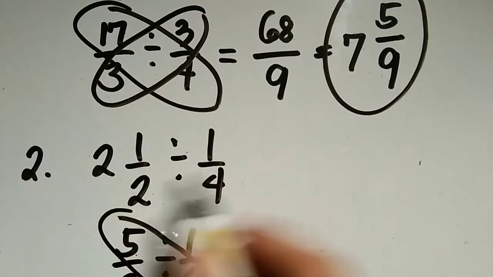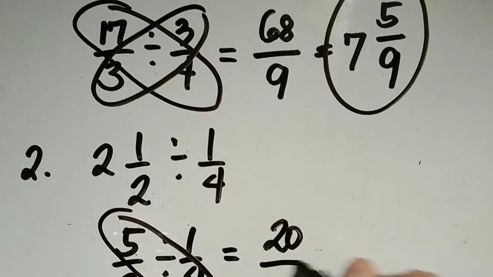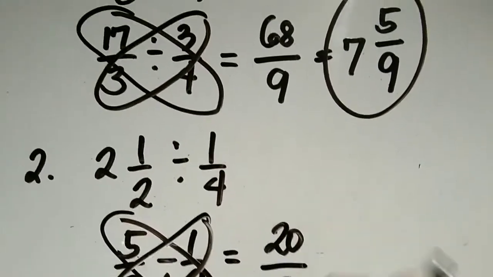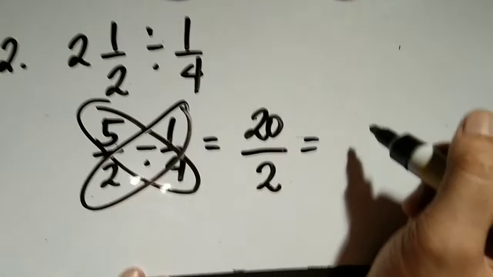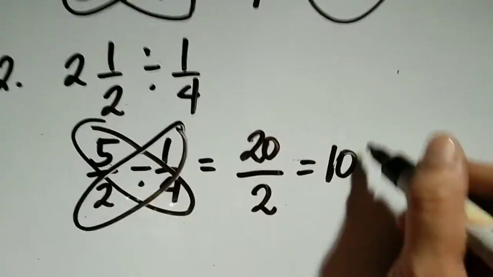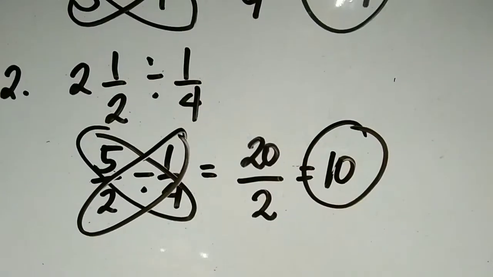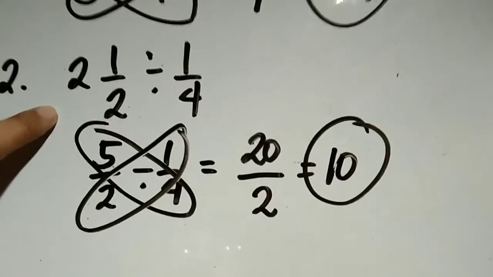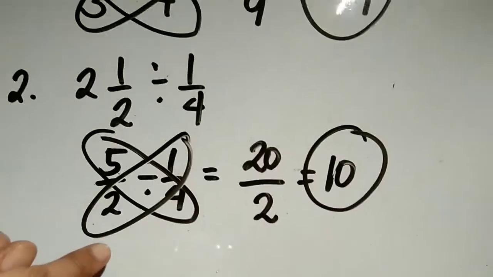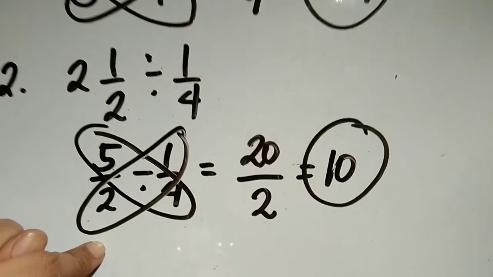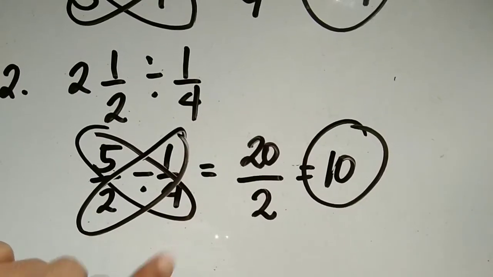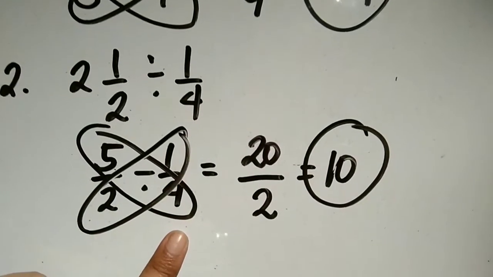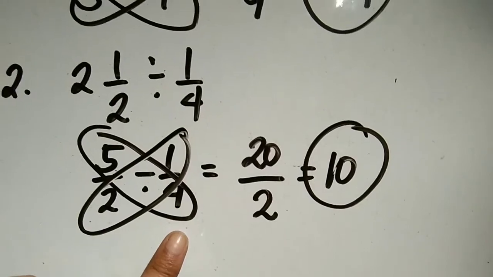So, 5 times 4 is equals to 20 over 2 times 1 is equals to 2. 20 divided by 2 is equals to 10. Ayan. Ganun lang po ang pag-divide ng mixed numbers sa fractions. Change the mixed number into improper fraction and then proceed to division. Pag nag-divide, pwede kayo mag-cross multiply or you will get the reciprocal of the divisor.